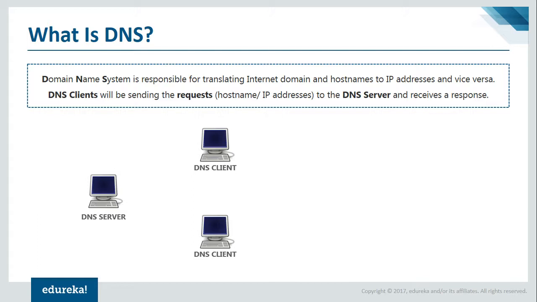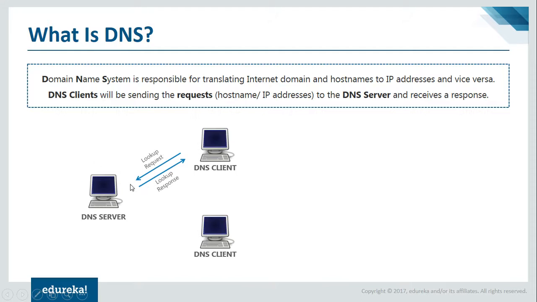So if you want to access a website, then you will have to be configured to that particular website's IP address. That's what the DNS server is going to do for you. Okay, and the role of the DNS server is, when you specify the host name, the server will return back the IP address. So when you specify google.com, the DNS server is going to give back the IP address of google.com, and the act of calling the server or sending the server the request is called a lookup request.